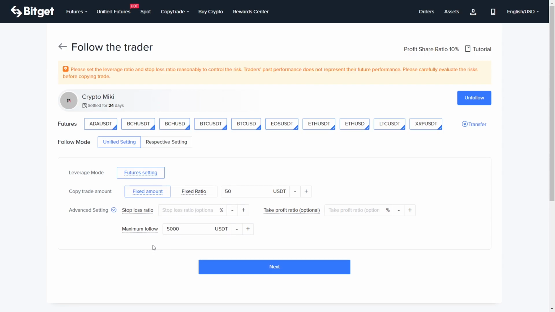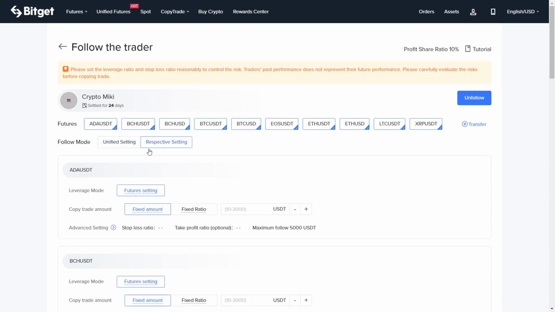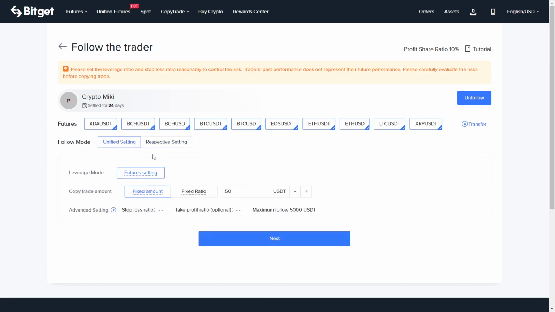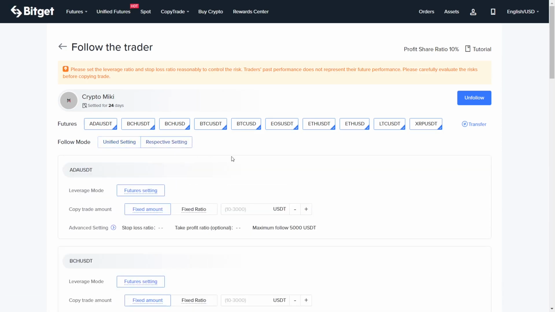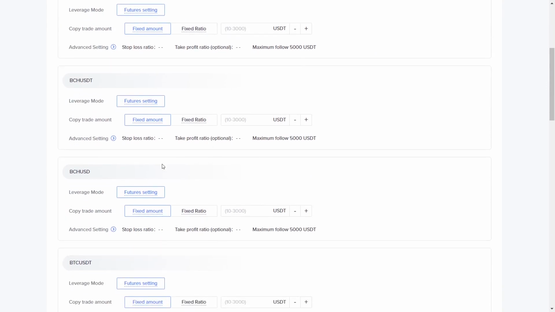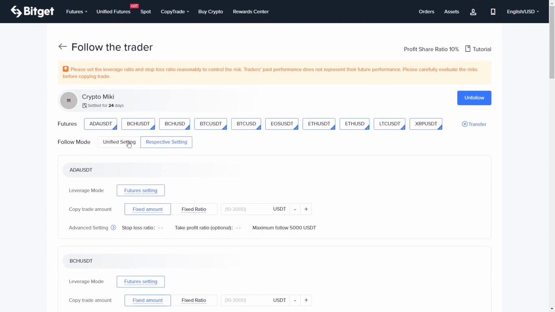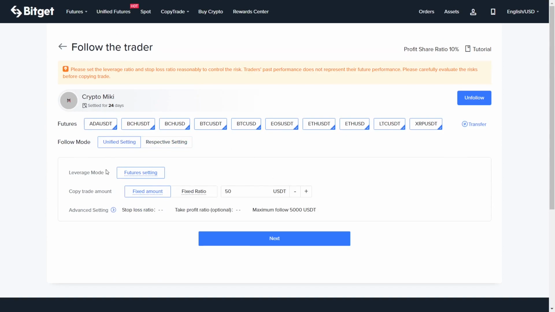My stop loss went below, we were in a 55% loss, but we ended up closing the trade at 63% or 93% profit because that was just my style of trading. And you obviously can change respective settings, where you change all the amounts that you actually want to enter manually for each pair, or you can make it unified, so it's pretty simple.